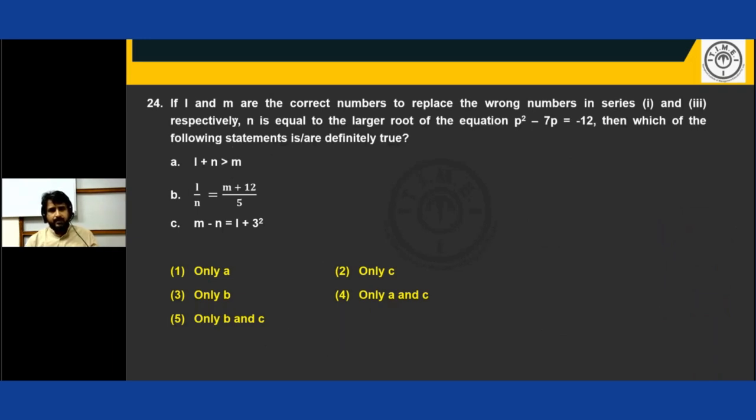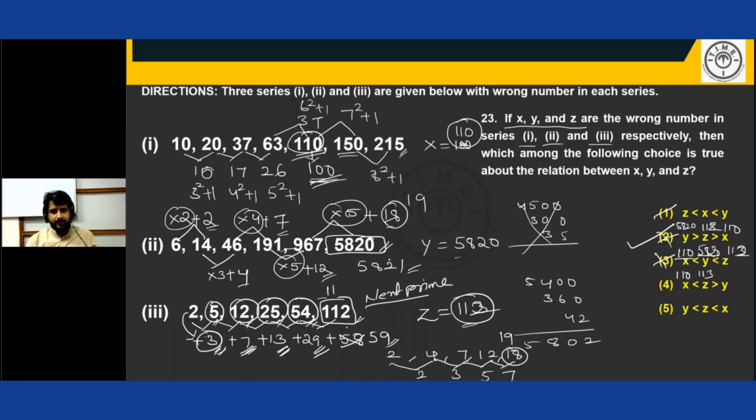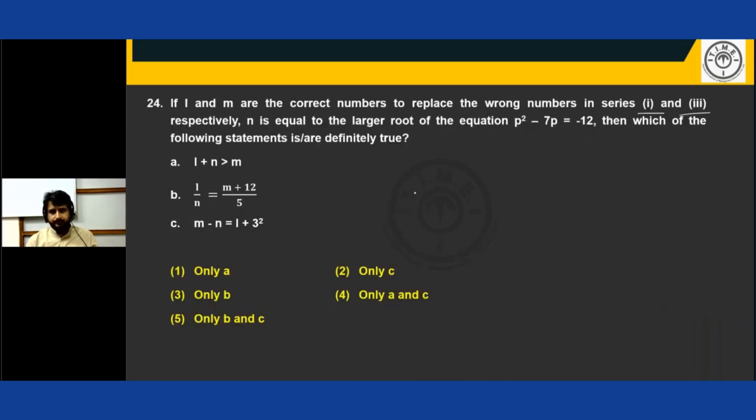Now, L and M are the correct numbers to replace the wrong numbers in the series 1 and 3. Right. What are the correct numbers in 1 and 3? 100 is the correct number and 113 is the correct number. So L is 100 and M is 113.